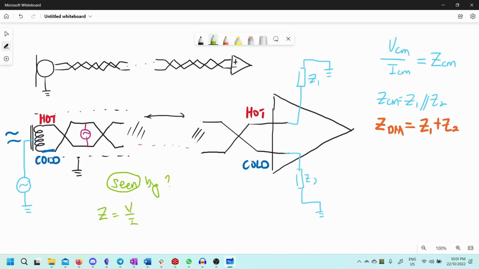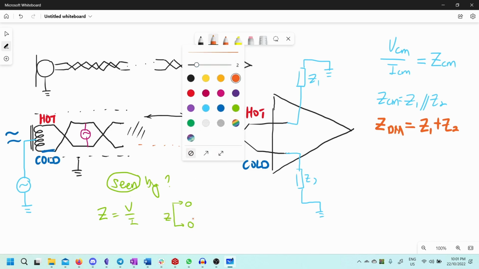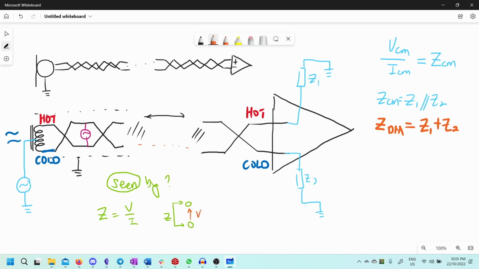So what is crucial is, let's say you have 2 points. The impedance seen across these 2 points is going to be the voltage that is across these 2 points divided by the current that flows in between these 2 points.